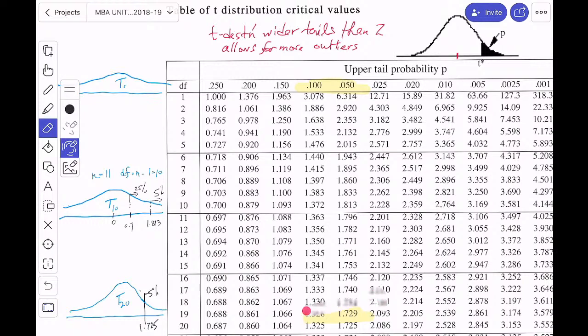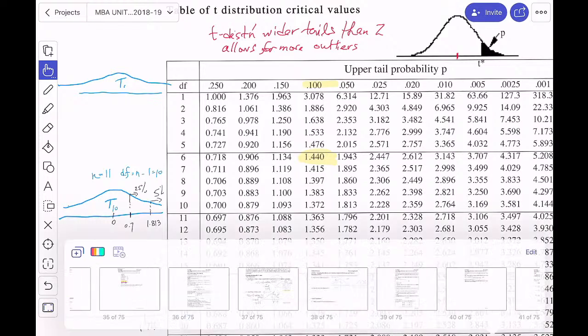Let me clean this up a bit. So for the 1.44, okay, let's go back.